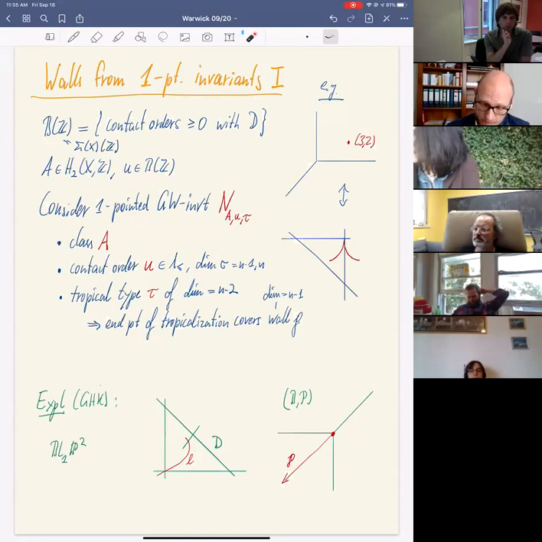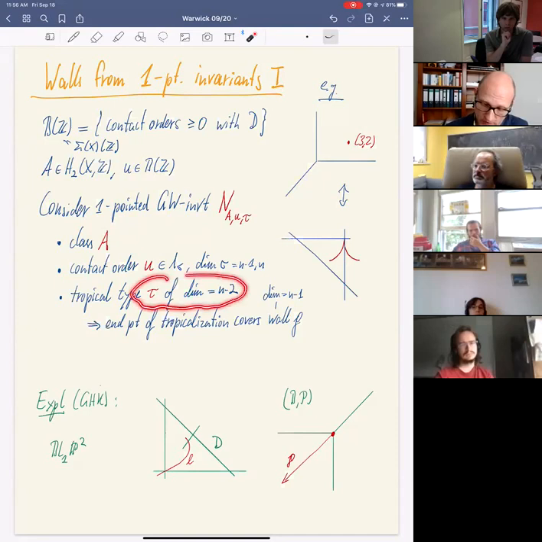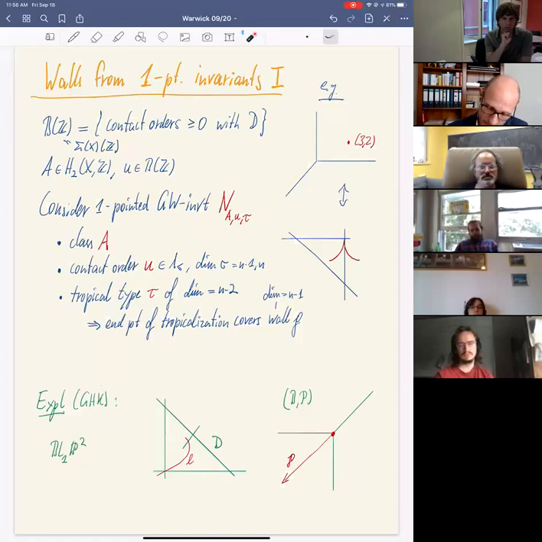It will hit D, at least virtually, of class A, contact order U, and then we fix a tropical type, which is actually n minus 2 dimensional. Forget about maximal, minimal. It's n minus 2 dimensional, okay?